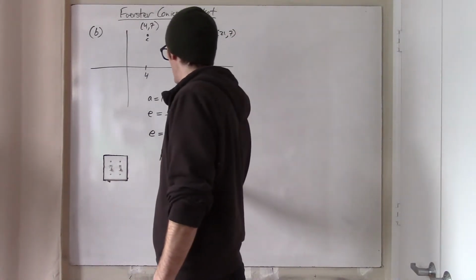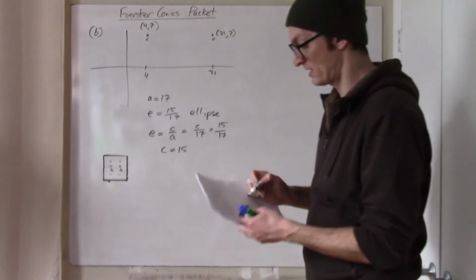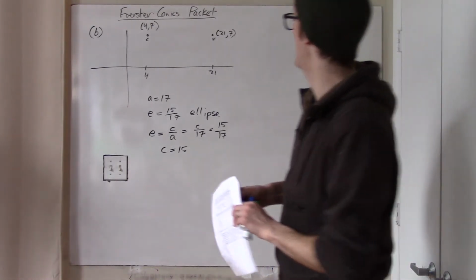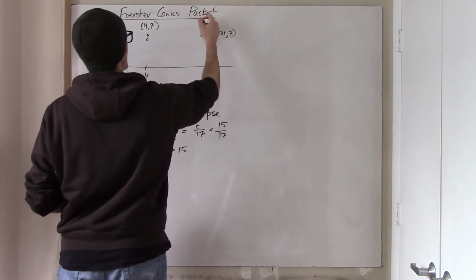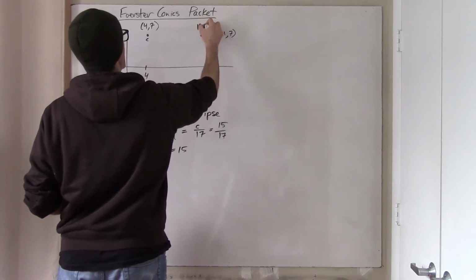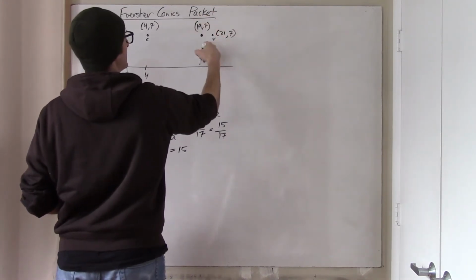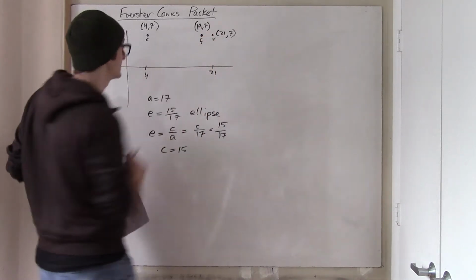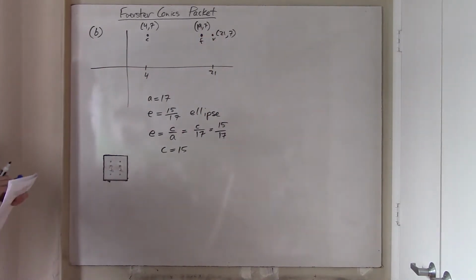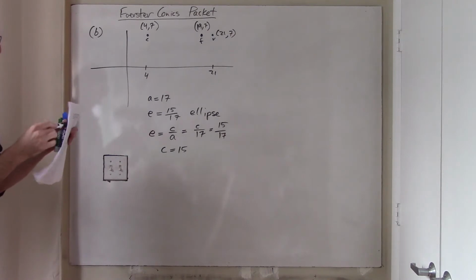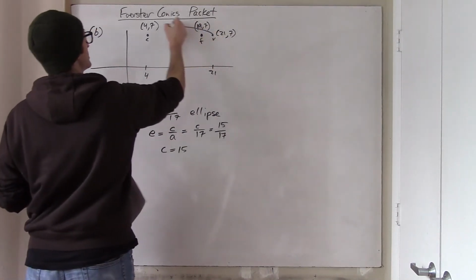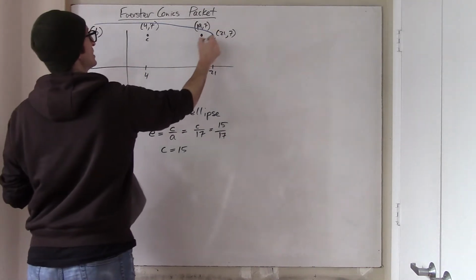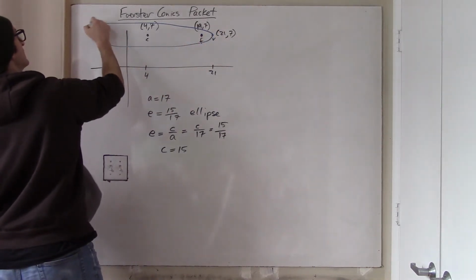So I do know that c is 15, and that means that I'll have over here at (19, 7) one of my foci. And this is going to be a very elliptical ellipse, something like that.